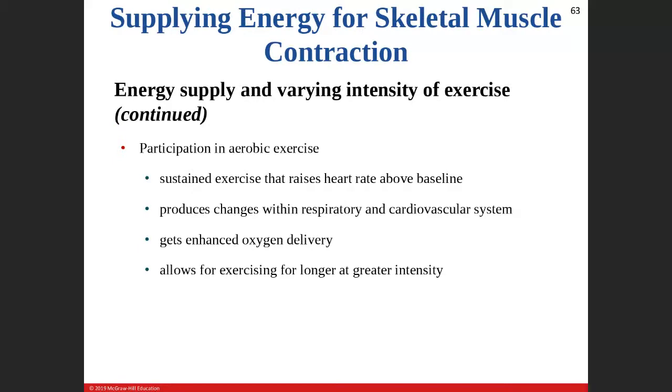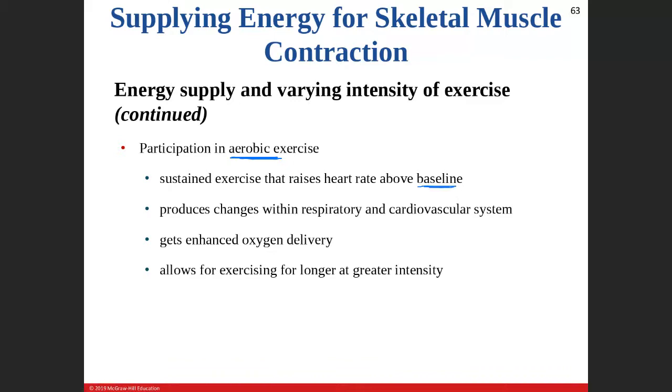So ideally we want people to engage in aerobic exercise. With aerobic exercise, you're going to hit a target heart rate, which is going to be above just an elevated baseline heart rate.